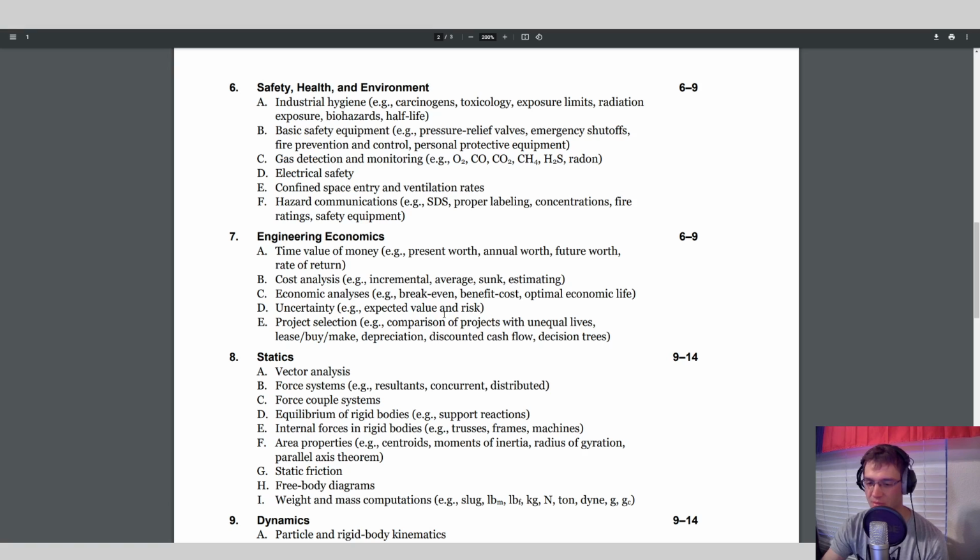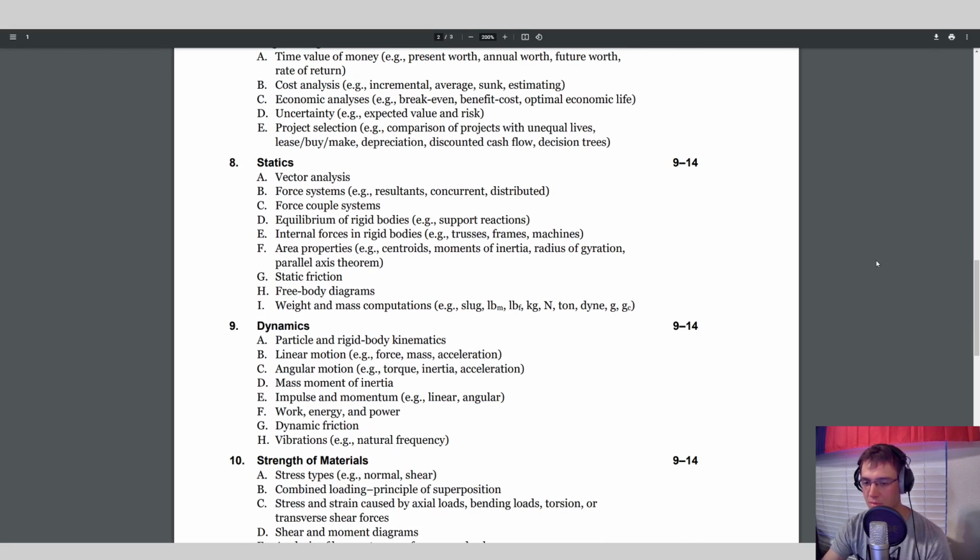And lease, buy, make: if I've got this product that costs this much and it's going to have this expected lifespan, and this other product that costs less but also has a shorter expected lifespan, there's a series of calculations you can do to figure out the most economically effective solution to go by.